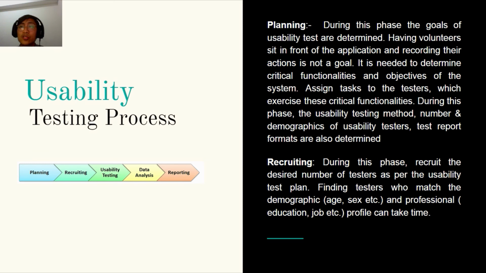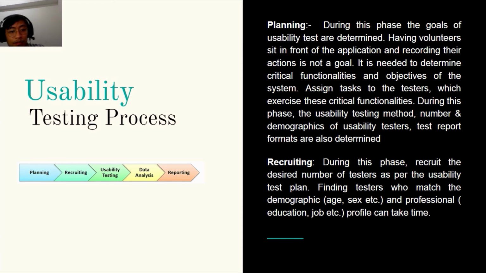And then it is needed to determine critical functionalities, objectives of the system, assign tasks to the tester, which exercise these critical functionalities. During this phase, the usability testing method, number and demographics of usability testers, test report formats are also determined.